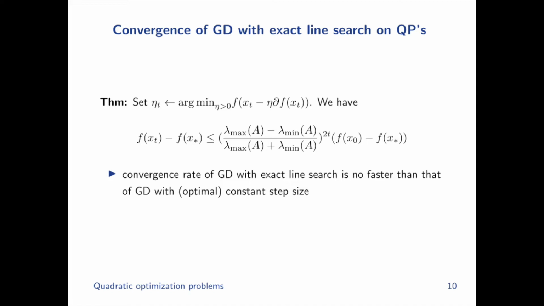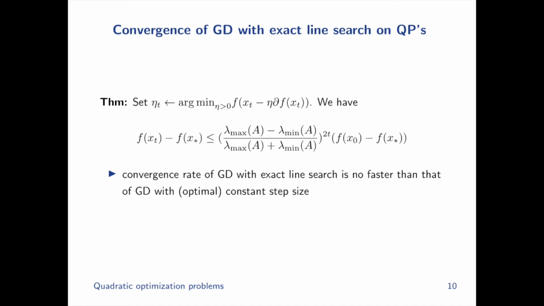You see that the rate of convergence is still linear, and this result is stated slightly differently than before. Before, the result was stated in terms of how fast the optimization error, so the distance from your current iterate to the optimum, was decaying. Here, what you're seeing is that we're stating it in terms of the objective value.